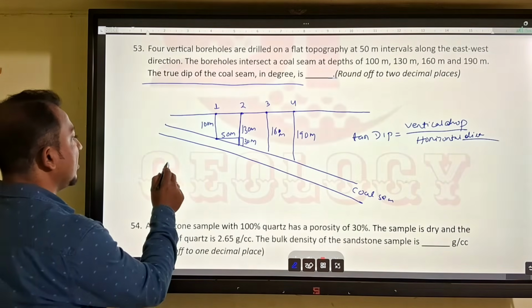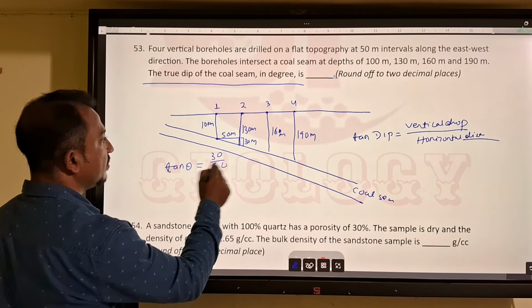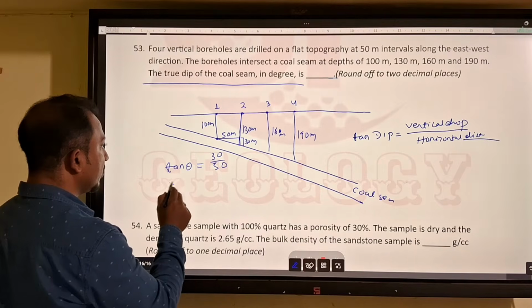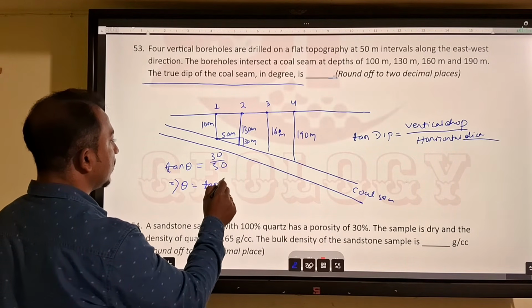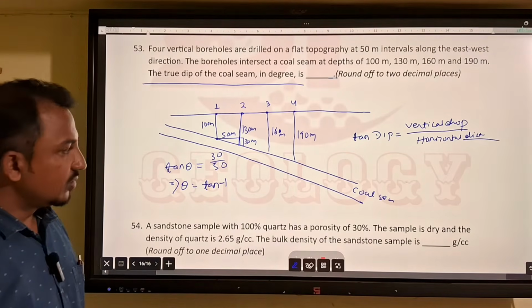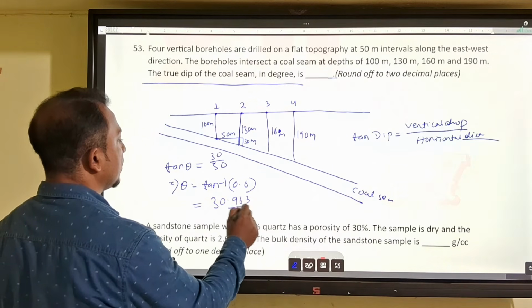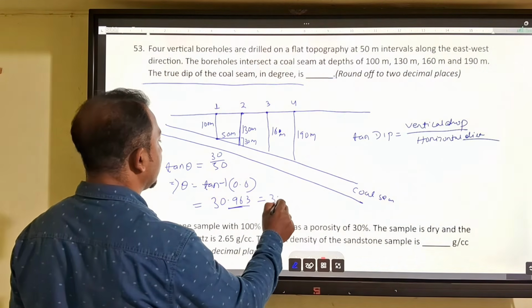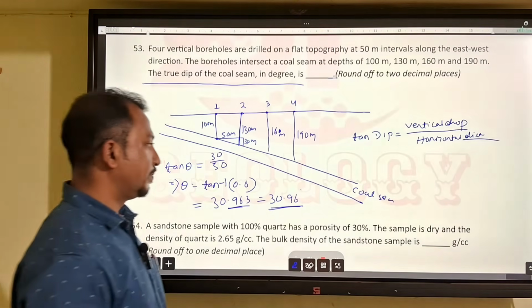So now we can calculate tan theta equal to 30 by 50. So theta equals tan inverse, it will be 30.963. Rounding to 2 decimals, the answer will be 30.96 degree. This will be the true dip of the coal seam.